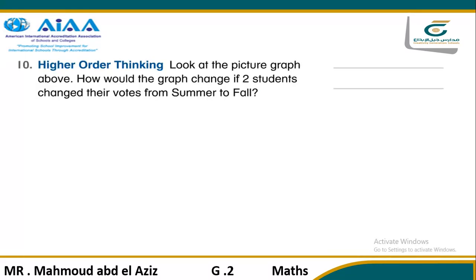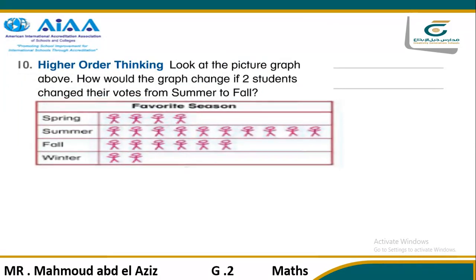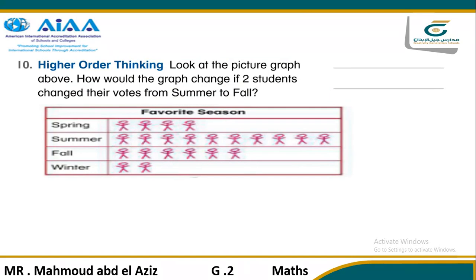With another question here, look at the picture graph above. How would the graph change if two students changed their votes from summer to fall? That's our picture graph. In summer we have 10 students, and fall we have just 6 students.